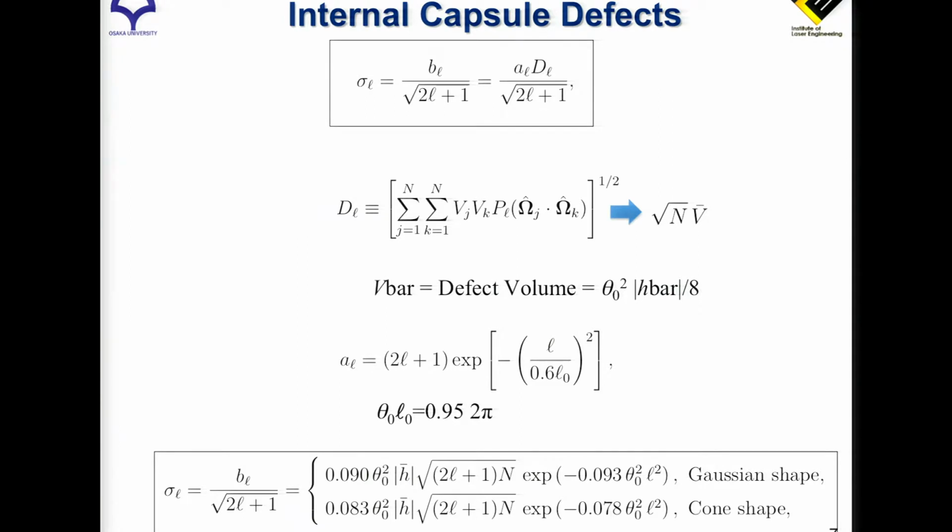I just use his theory. And the distribution function DL finally becomes a root, and n is the number of defects, n times defect volume, and the single defect amplitude, that is AL, which is approximated by a Gaussian type with L node as a FWHM L mode.